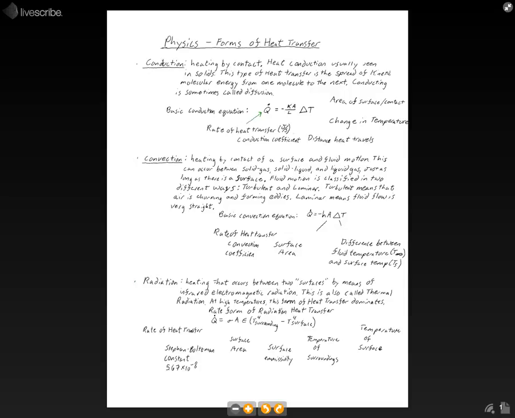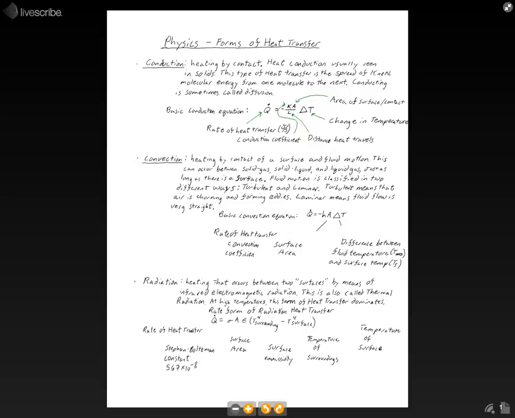And it is dependent upon the conduction coefficient, the surface or contact area of interest, and the distance the heat has to travel through the object, so how thick it is usually, and the change in temperature, or delta T. So basically this delta T occurs when you have a surface and you want to find the heat at the top or on the bottom, or sometimes somewhere in between, but usually it's the difference between the top of the surface and the bottom of the surface for when you're talking about heat transfer through that surface.